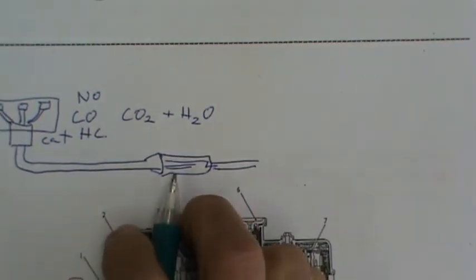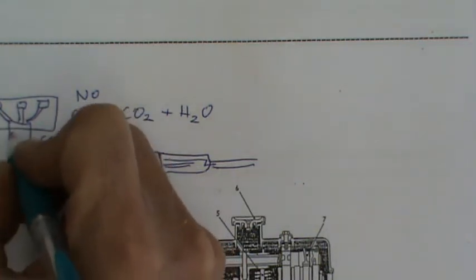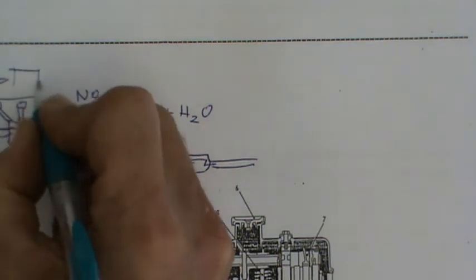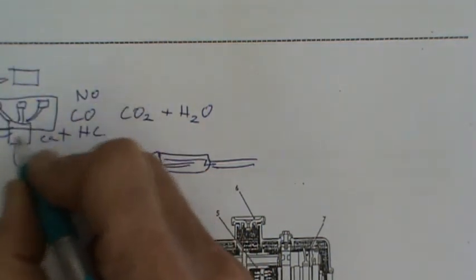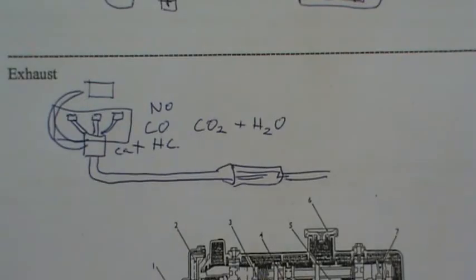Another thing that your exhaust may have is exhaust gas recirculation, so there might be a pipe going up to the carby to allow a little bit of exhaust gas in to lower the burn temperature, so that's a possibility.